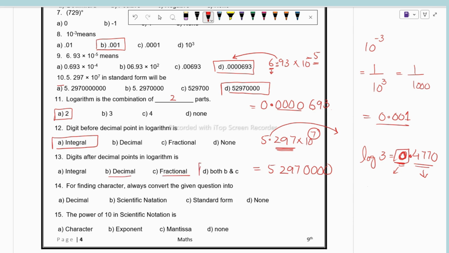So that's why option D is correct. For finding the characteristic, always convert the given number. So if we have to find the characteristic, we will write the number in scientific notation. Then the power of 10 is called the characteristic. So the power of 10 in scientific notation is always called the characteristic.